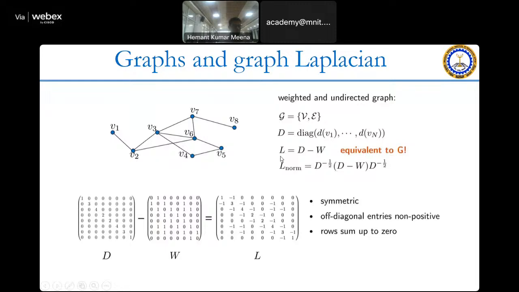Remember why we are calculating the Laplacian matrix: because we want to define the frequency domain. But for directed graphs, it is a bit complex mathematics. People are doing it, but it is more complex.